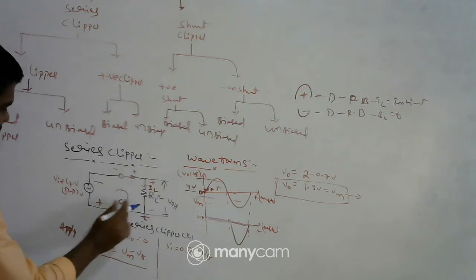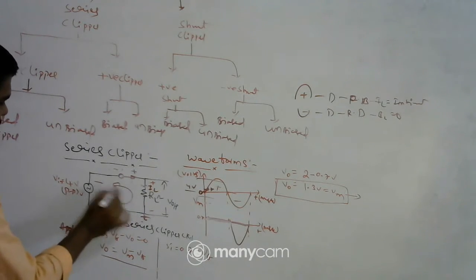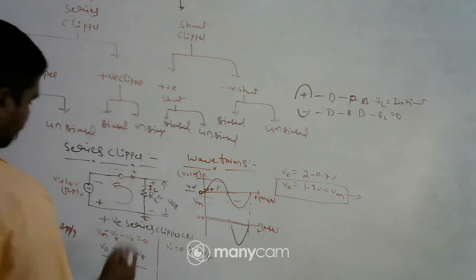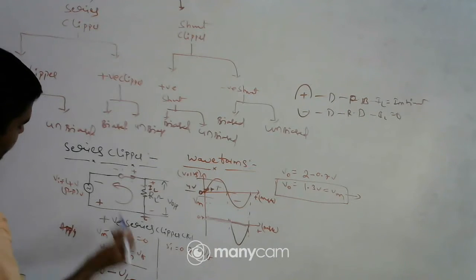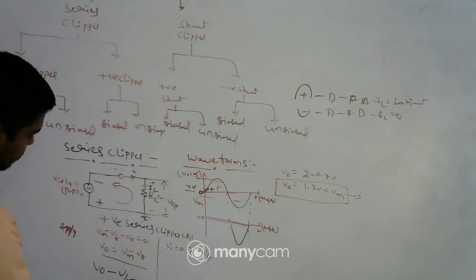Apply the KVL, with current starting like this: V naught minus Vf plus Vin equals 0.